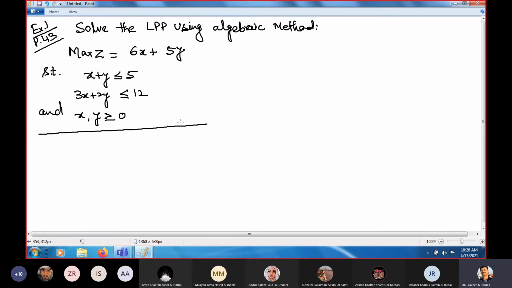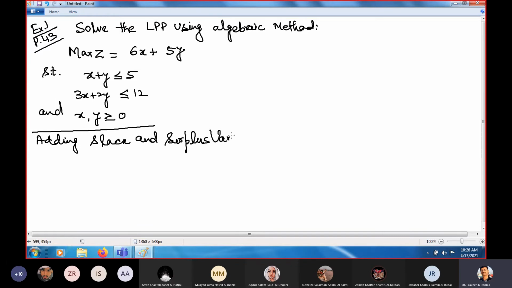Now, dear friends, I am adding slack and surplus variables. Let us do it. So max z equals 6x plus 5y.